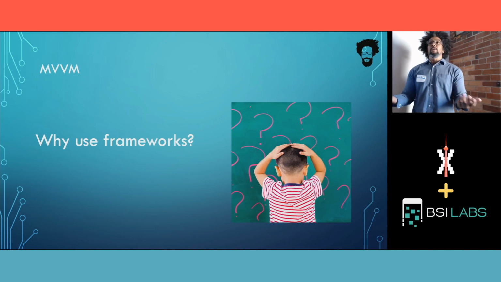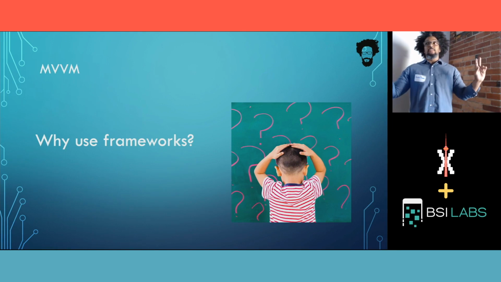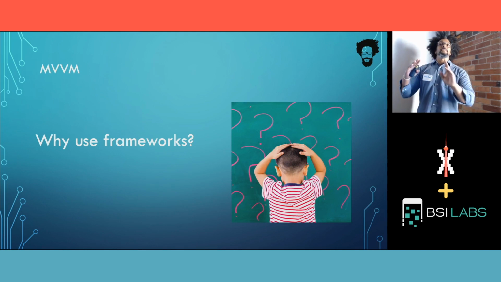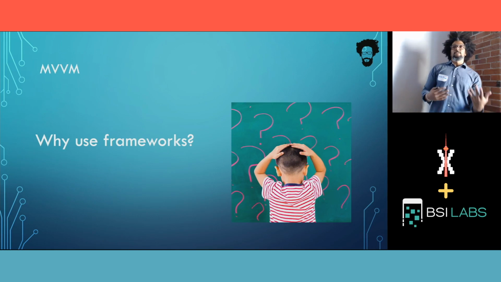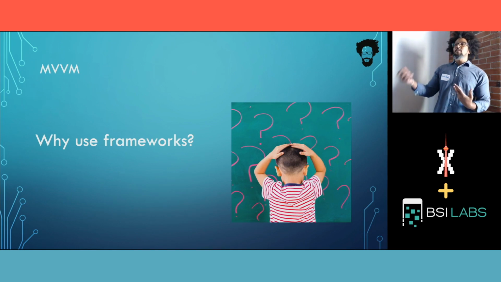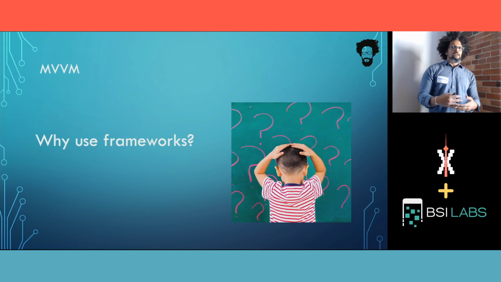For us Xamarin developers, Xamarin already offers everything that we need in order to do MVVM. With Xamarin.Forms we have the bindings, we have the INotifyPropertyChanged interface, which is part of .NET, and we have the navigation. So why do we need a framework?